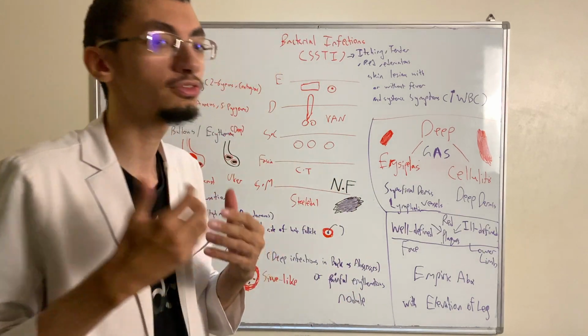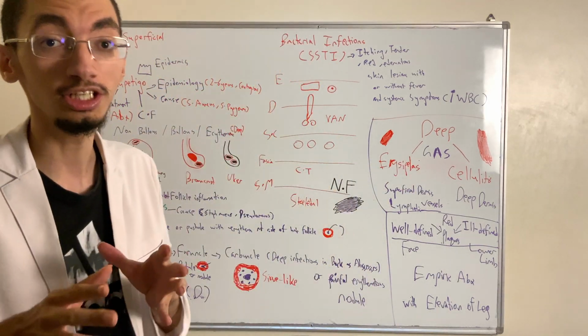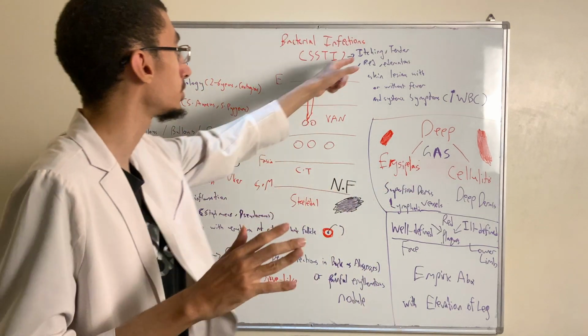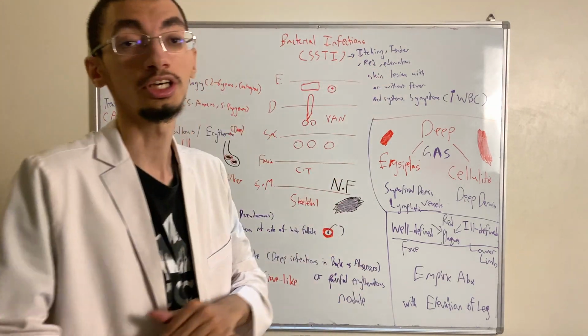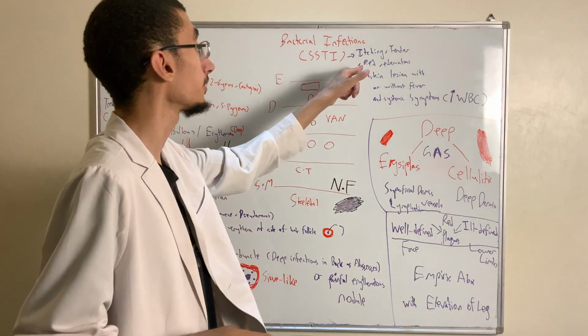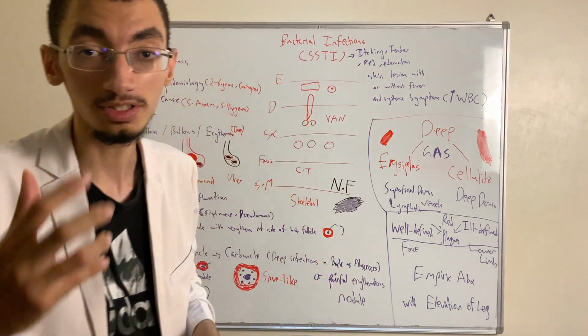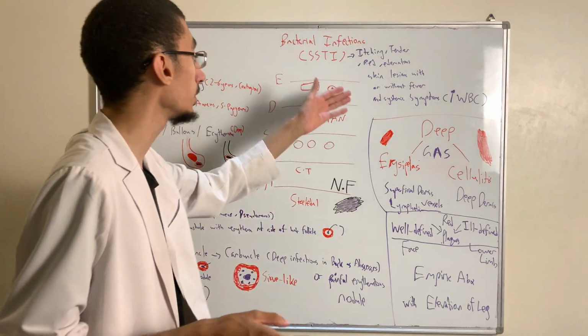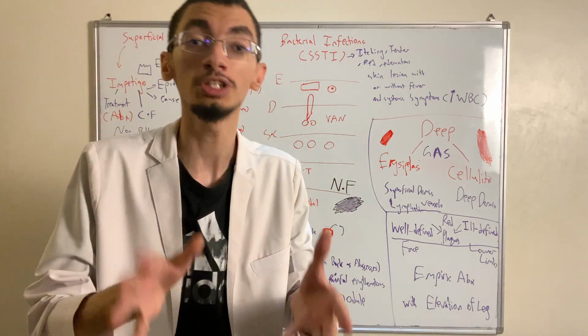However, a lot of them tend to follow the same signs and symptoms, meaning whichever skin lesion is in a bacterial infection, it tends to be itchy. Most of them are itchy. A lot of them are tender or painful to touch. A lot of them are red or erythematous. A lot of them are edematous, filled with fluid, and the skin lesions may or may not be accompanied by fever.